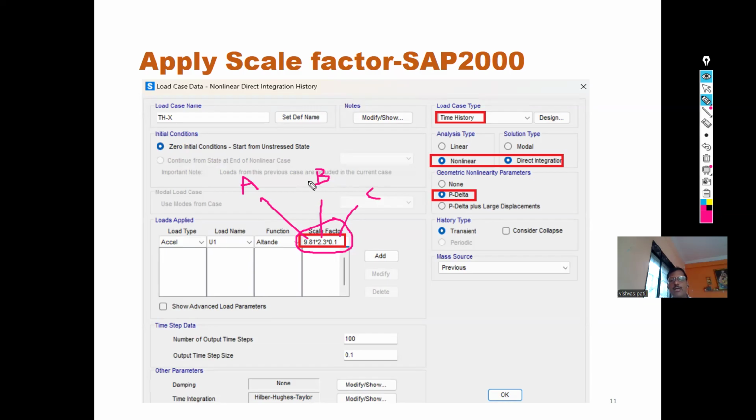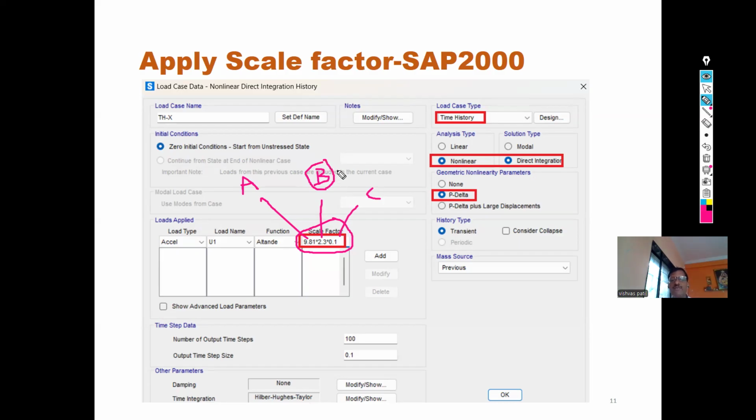Just now we have seen the scaling of the ground motion, and by scaling the ground motion we have calculated the scale factor as 43. So that is the input as scale factor B. Remember, if we change the ground motion, the SAT1 value will be different, then the scale factor will be 1 divided by SAT1.